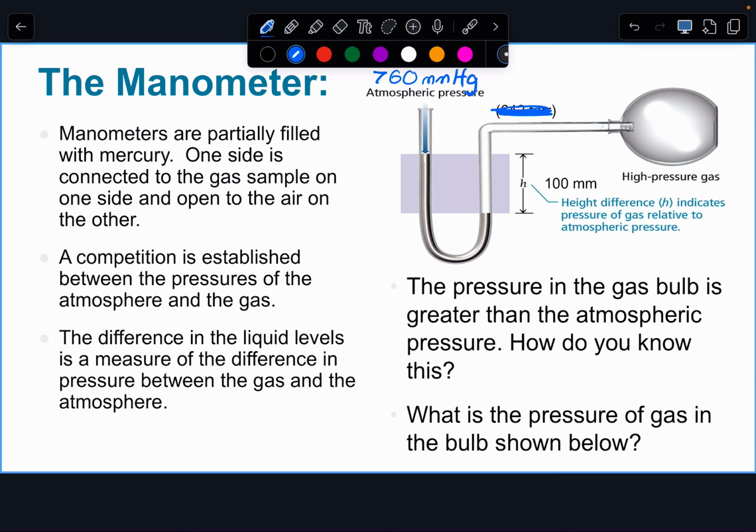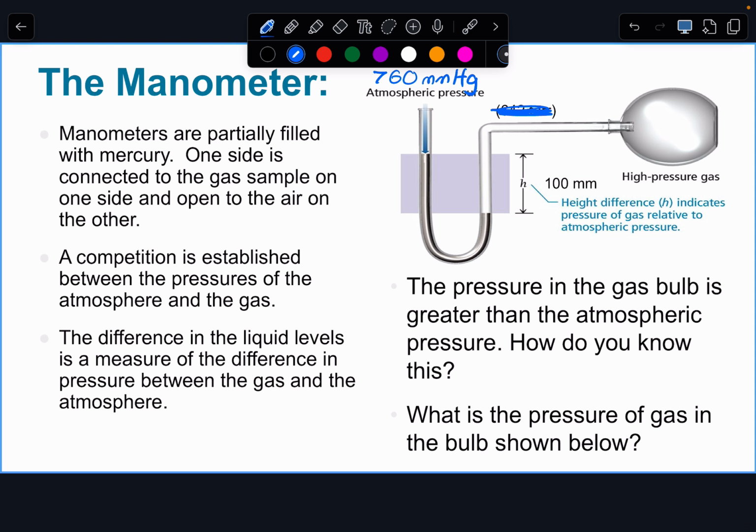Whichever one is higher, though, is going to push down harder on its side of mercury. So this gas over here is pushing down more, and it's rising on this side. That means this guy has a higher pressure. The amount by which it's higher is determined by the difference in the two levels.